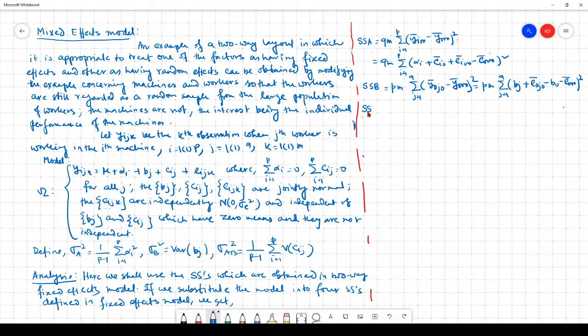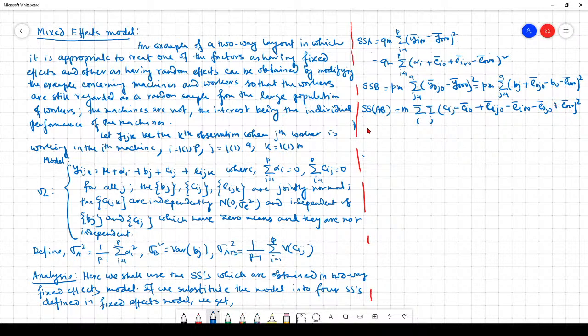SSAB equal to m sum over i, sum over j, you can check this, (Cij minus Ci0 bar plus Eij0 bar minus Ei00 bar minus E0j0 bar plus E000 bar) whole square.